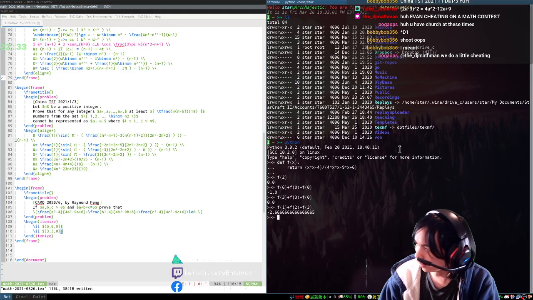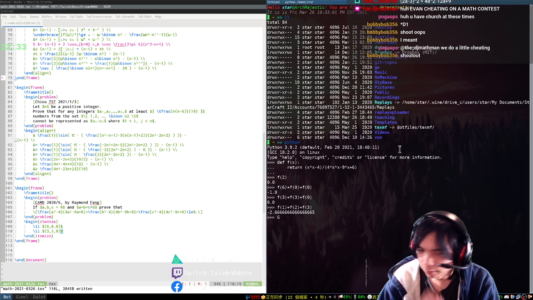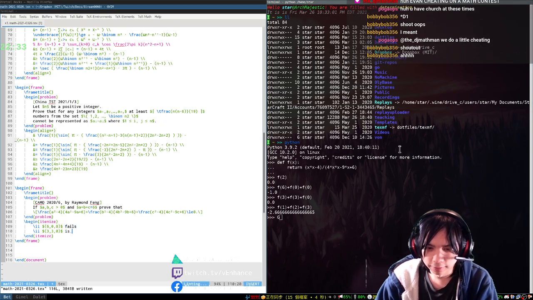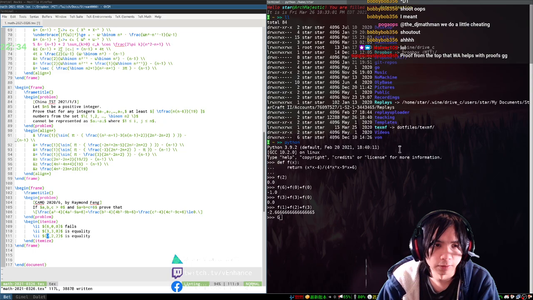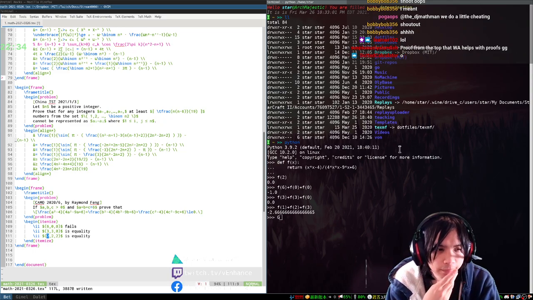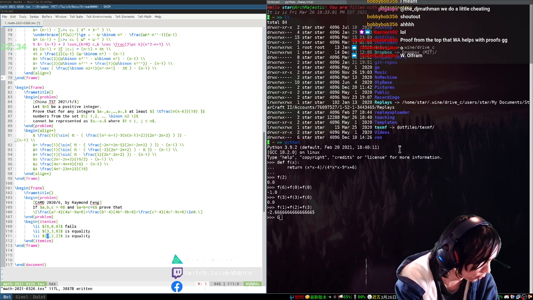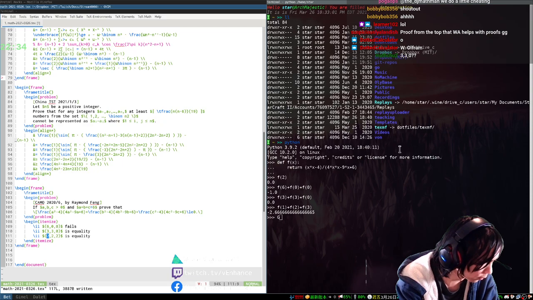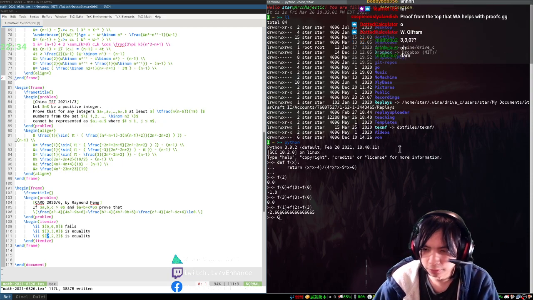f of 1, 2, 3. Okay, so at least 1, 2, 3 is not an equality case. If 1, 2, 3 is an equality case, I'm really scared. So 6, 0, 0 fails to be equality. 2, 2, 2 is equality, so that might explain why this one is 6. Yeah, 3, 3, 0 is equality. 2, 2, 2 is equality.